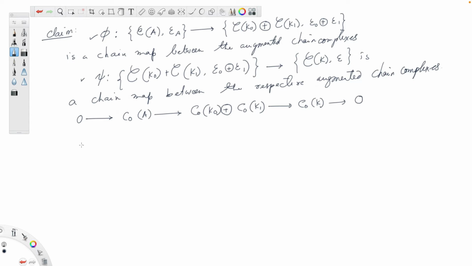And there is the sequence 0 to Z, and then from Z to Z direct sum Z, and then from Z direct sum Z to Z, and then from Z to 0. This is the augmentation map epsilon A, and this is the augmentation map epsilon 0 direct sum epsilon 1, and this is the augmentation map epsilon.